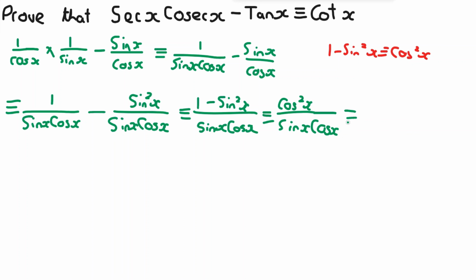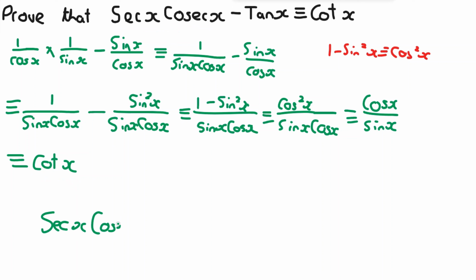And then we can cancel out the cos of x down here and one of the cos x up here, so this squared goes away, so this just becomes cos x over sin of x, like this, and this is equivalent to cot of x. So therefore we have proved that sec x cosec x minus tan of x is equivalent to cot of x.